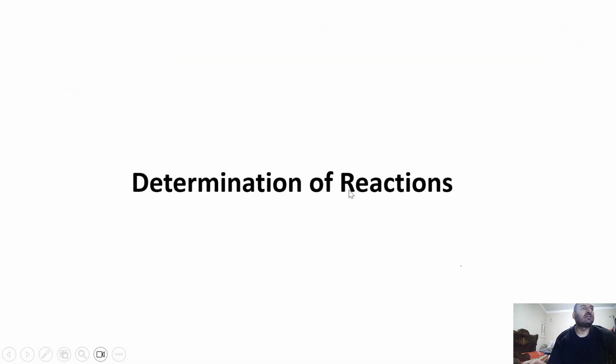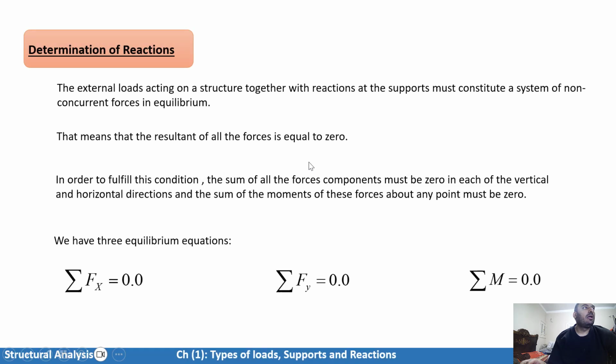Determination of reactions. If we want to determine reactions, the external loads acting on a structure together with reactions at the supports must constitute a system of non-concurrent forces in equilibrium. That means that the resultant of all the forces is equal to 0.